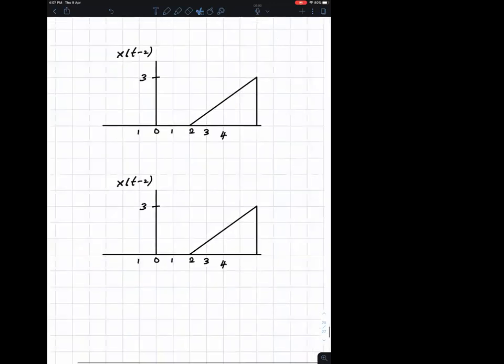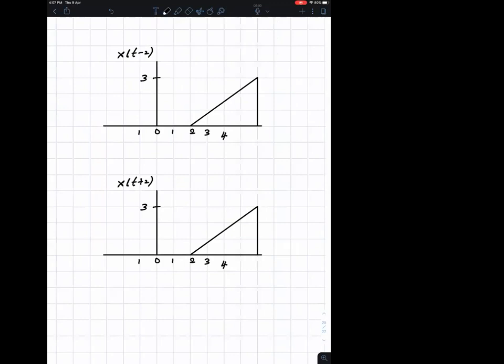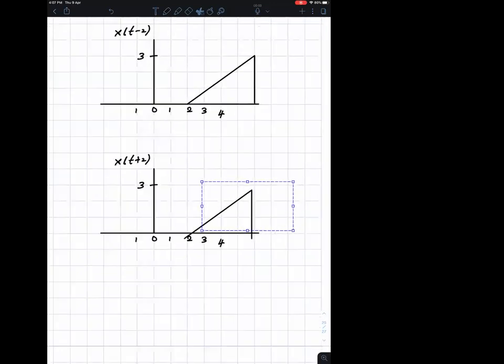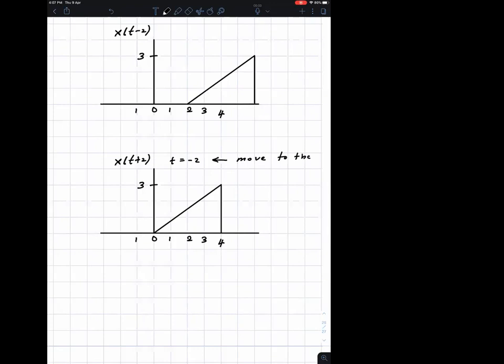Now x of t plus 2. What you do is you go back to the original signal. The signal was here, right? So for t plus 2, what are you going to do? You are moving to the left. When you solve for t, it's going to be minus 2, so you're going to move to the left. So now you're at minus 2.